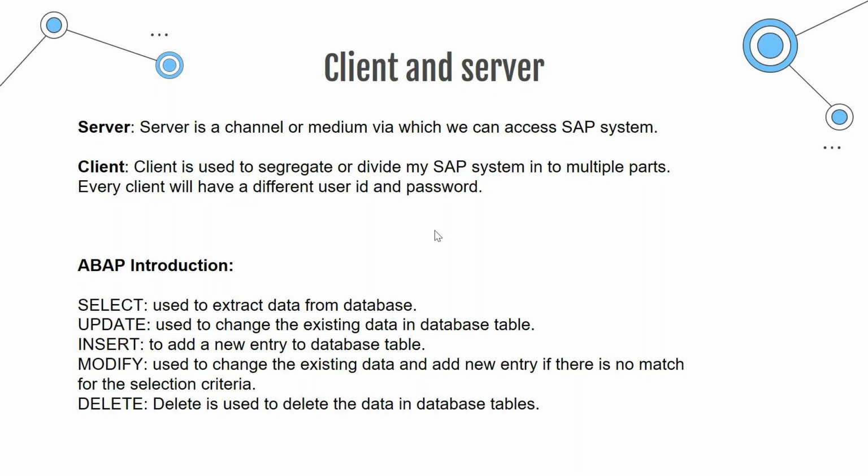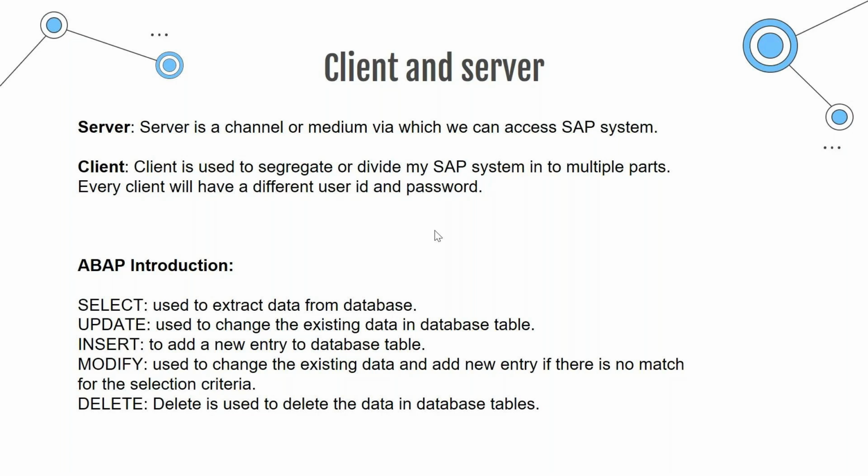In this case, I am pretty sure that employee ABC is there in my system, so I can write an update statement. I simply write update, and it will update the location of the employee.